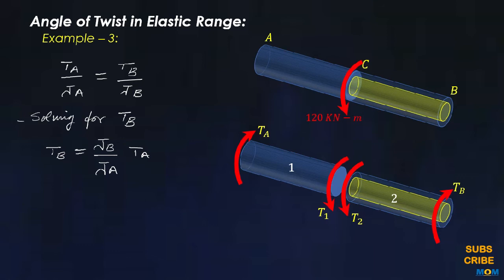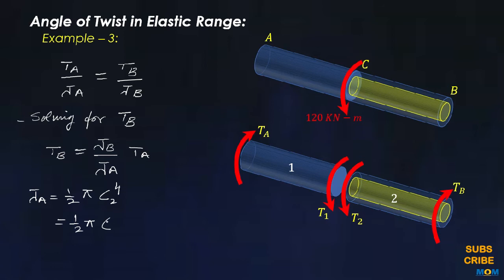Now, for polar moment of inertia for solid shaft, that is JA, is going to be half pi C raised power 4.